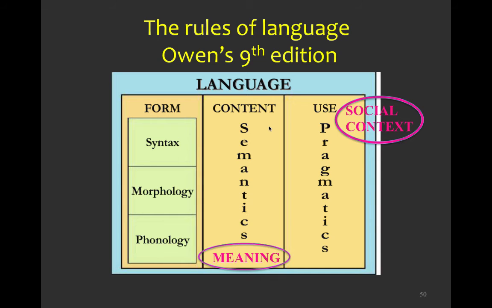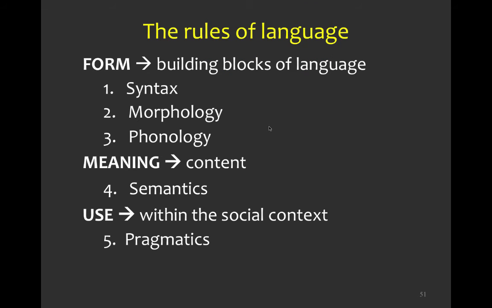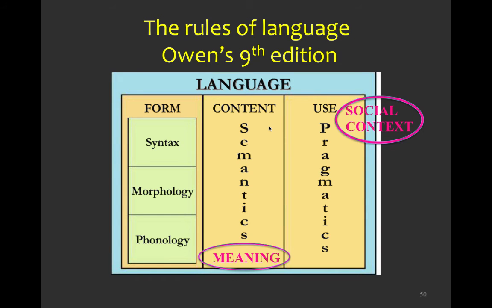So the rules of language. Here's a very nice table from Owen's 9th edition. And here also is the same information that I've summarized for you. But let's take a look at Owen's table here. The rules of language. There are rules for form of the language, and these are considered to be the building blocks of the language. These are rules of syntax, morphology, and phonology.